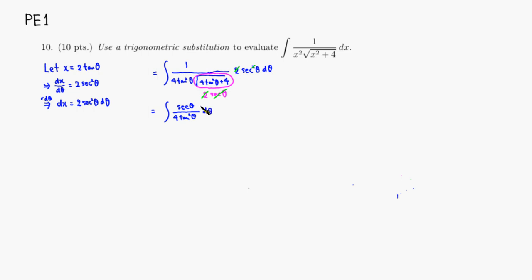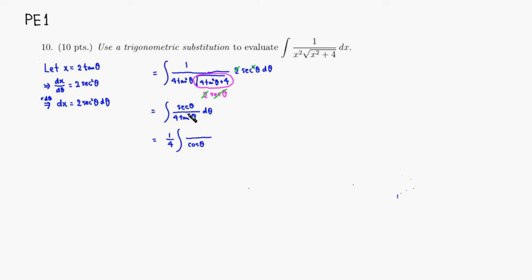Let's rewrite this in terms of sine and cosine. 1 over 4 is just a number, so kick it outside of the integral. Secant of theta is 1 over cosine, so I'm going to write 1 over cosine of theta, so cosine is going to be on the bottom.